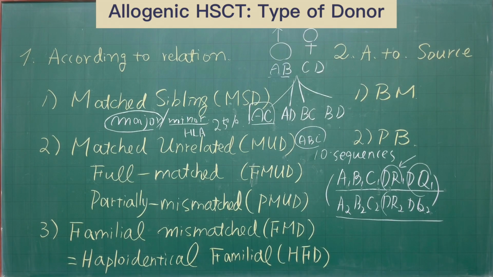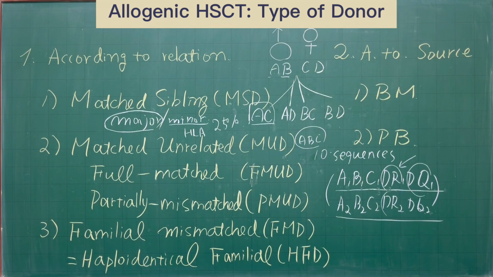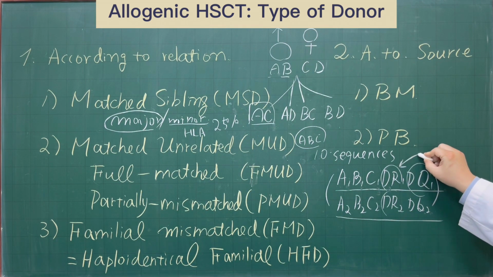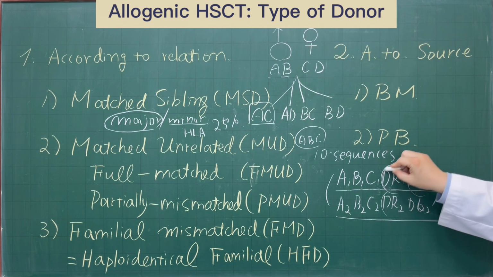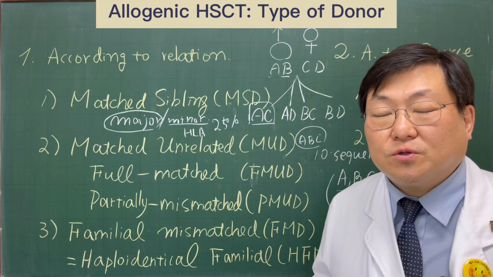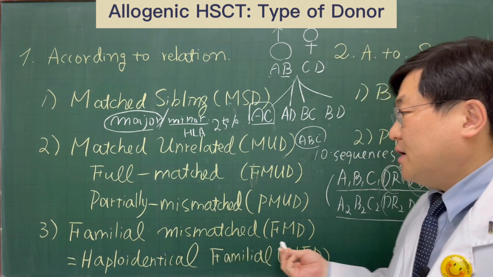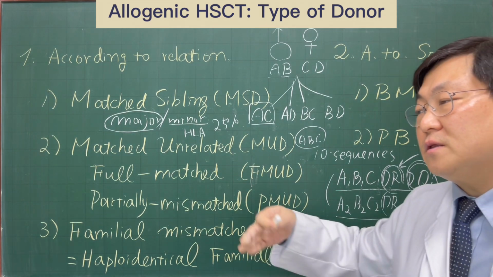When we use this kind of partially mismatched unrelated donor, we usually accept one locus mismatched antigen donor. And in specific situations, we can use an allogeneic stem cell donor from the unrelated donor with two loci different. This is partially mismatched, acceptable and unacceptable.